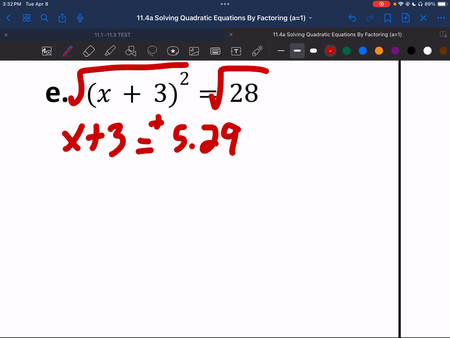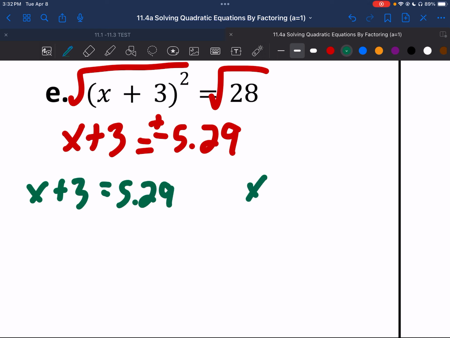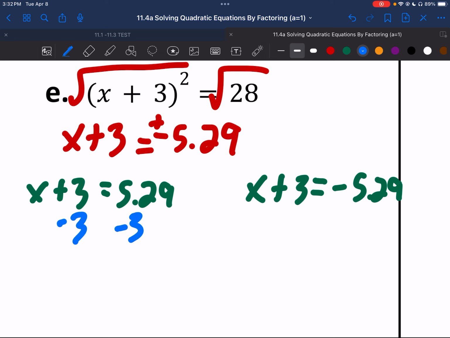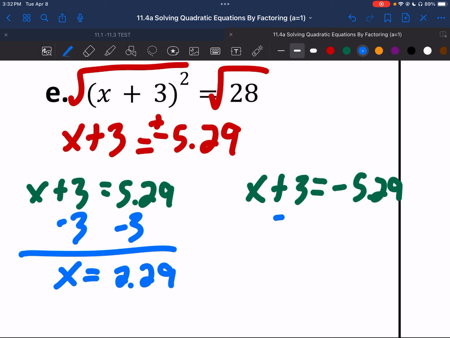X plus 3 equals 5.29. X plus 3 equals negative 5.29. And we subtract 3 from both sides of both equations, and we get x is equal to 2.29. When we subtract 3 on the right-hand side, x is equal to negative 8.29.